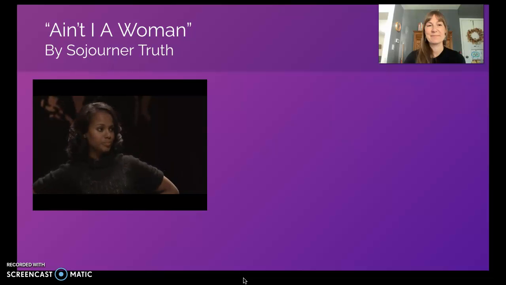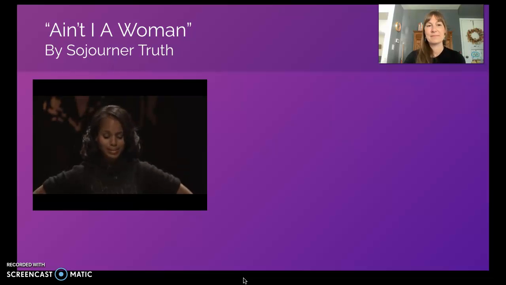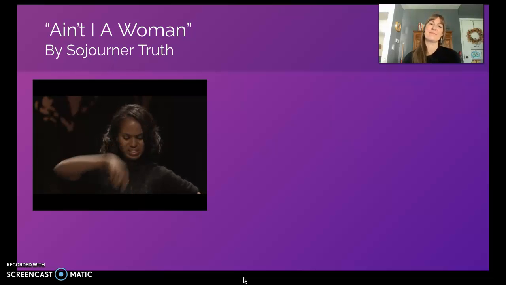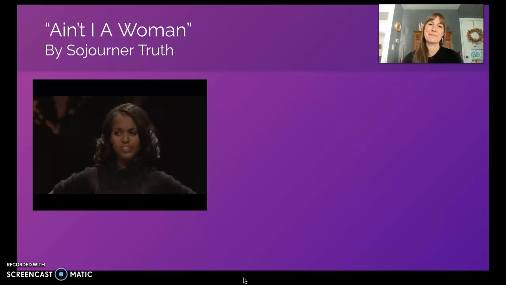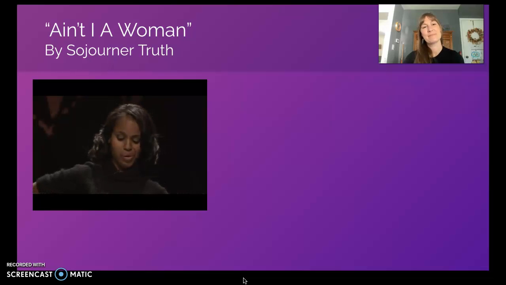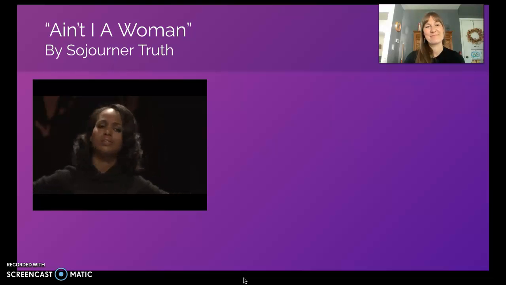Well, children, where there is so much racket, there must be something out of kilter. I think that twixt the Negroes of the South and the women at the North all talking about rights, the white man gonna be in a fix pretty soon. But what's all this here talking about? That man over there says that women need to be helped into carriages, lifted over ditches, and to have the best place everywhere. Nobody ever helps me into carriages, or over mud puddles, or gives me any best place.